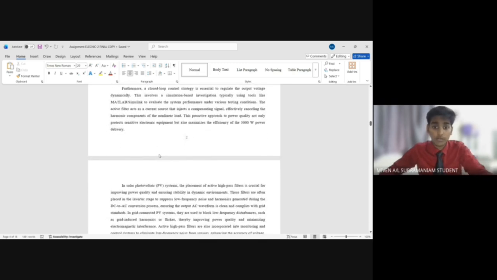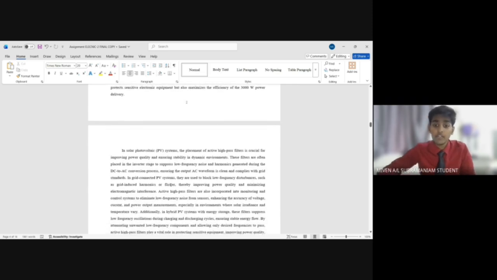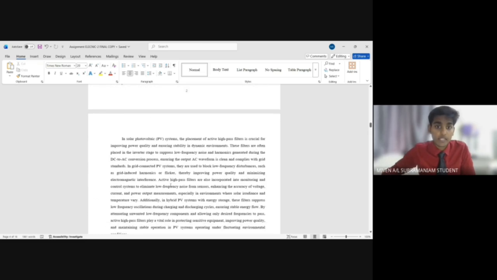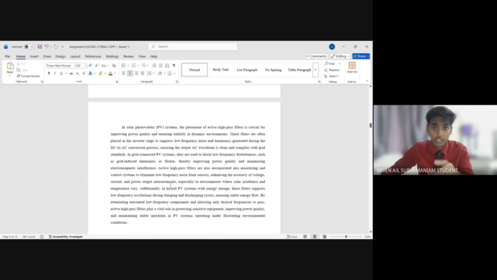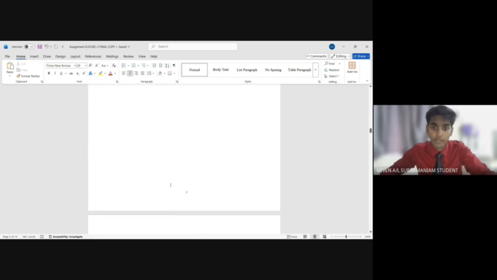Our specific objective is to design a high-pass active filter capable of maintaining a single-phase nominal AC voltage of 230 VRMS for a 3000 watt PV system. This design includes a switching frequency of 10 kHz and a 25% design margin to ensure the system remains robust even under sudden load variation or fluctuating environmental conditions. And then we move to the methodology.